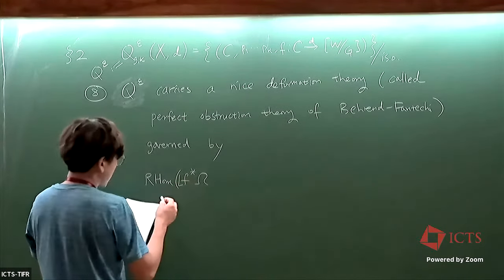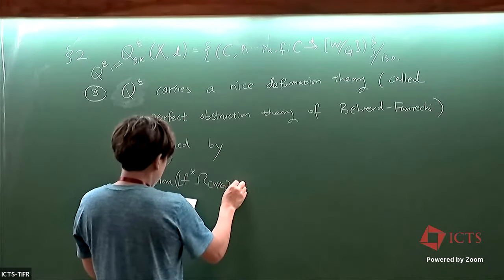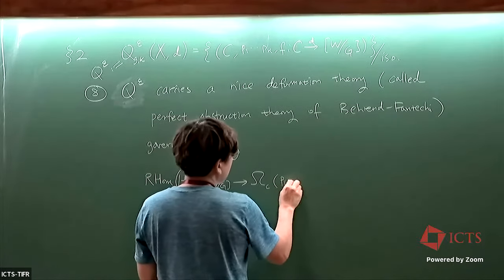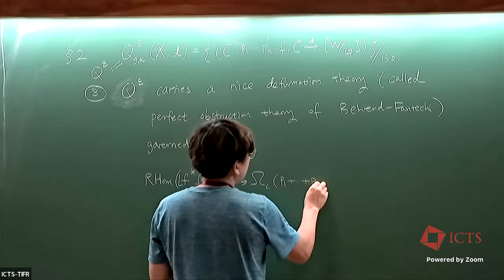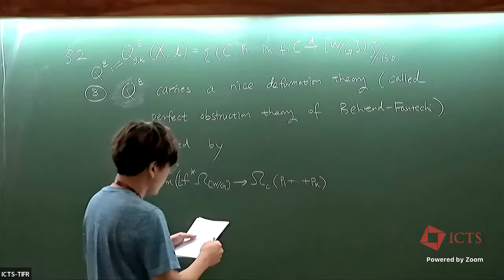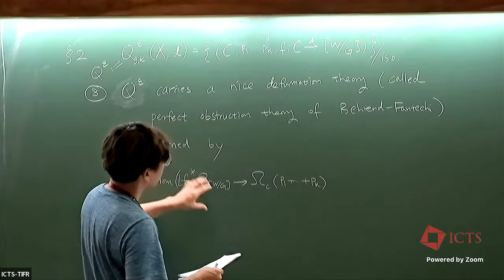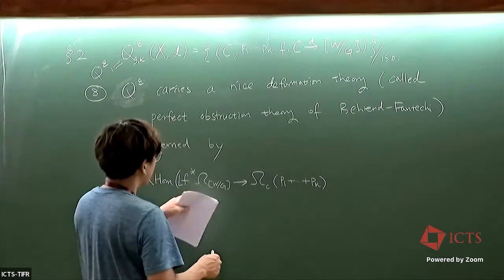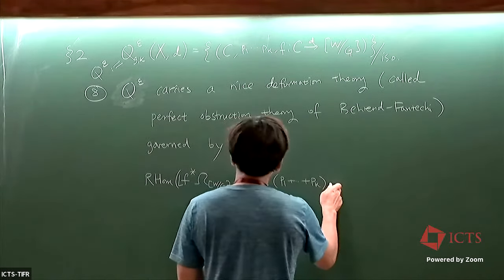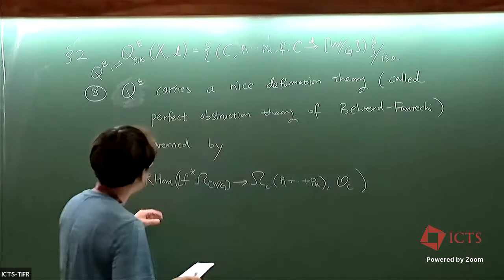Maybe we need to derive the pullback. The map f induces this morphism of cotangent sheaves, and maybe we should use the cotangent complex here, and we use its dual.